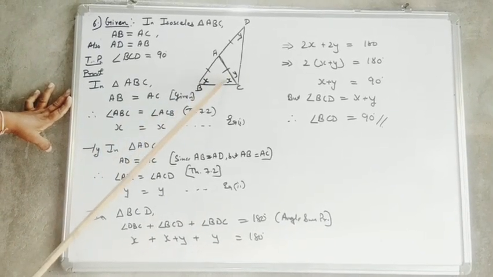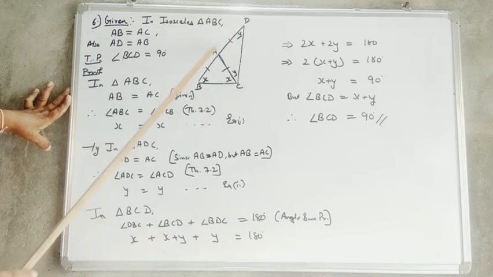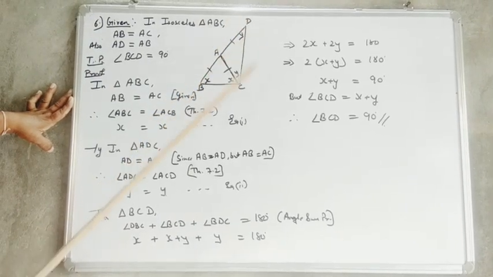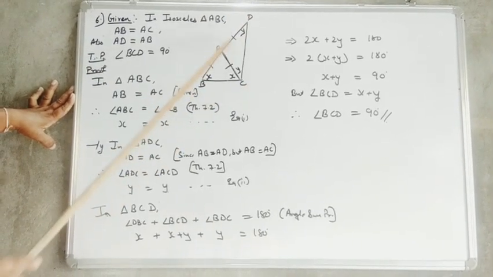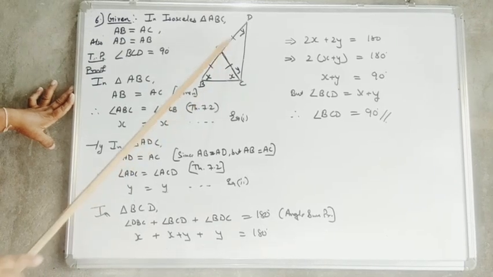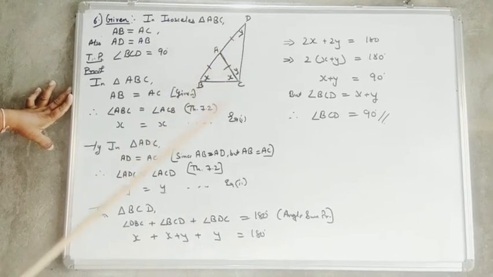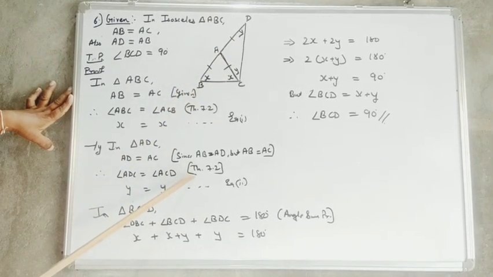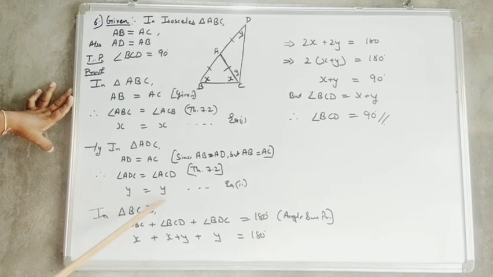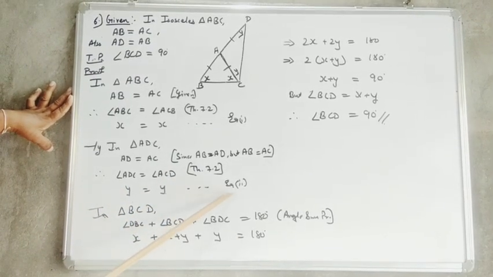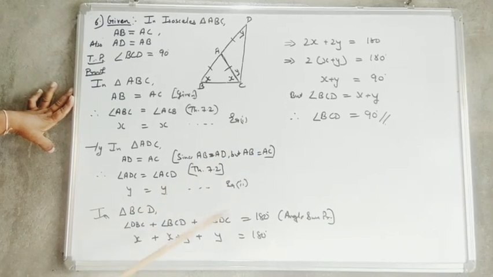So both are X. Now similarly take isosceles triangle ADC, in which these two sides are equal. Therefore, can we say these both angles will be equal? Yes, by theorem 7.2. So let it be Y, and mark it as equation number 2.